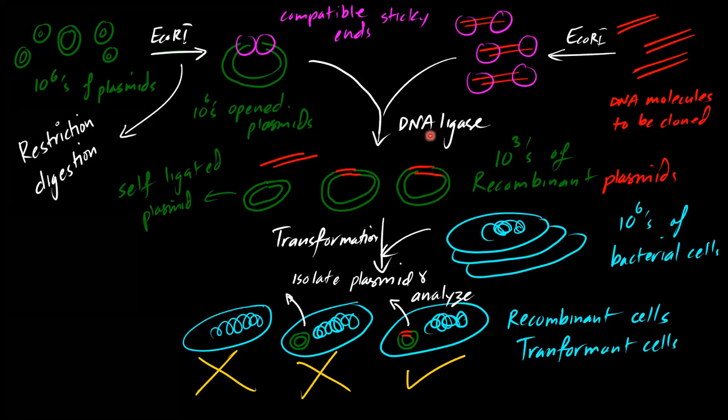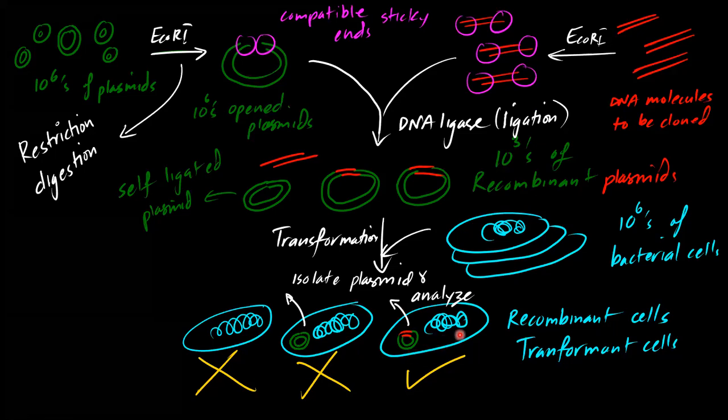We do the ligation reaction with the DNA ligase, followed by transformation. And now my plasmid is inside the bacteria. And because we have millions of bacteria, we need, again, to determine which bacteria contains my plasmid, and the plasmid is carrying my insert or the DNA that I cloned.